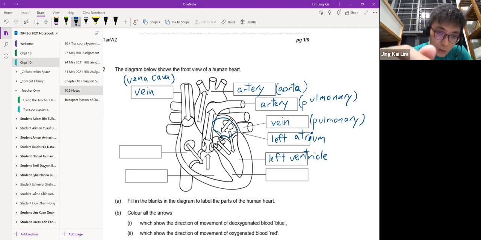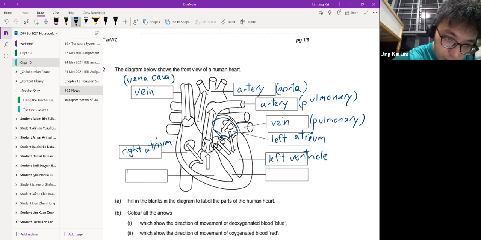So from this vein, on this right side of the heart, the vein will allow the blood to enter through the right atrium. Blood will always go through the atrium first before going to the ventricle.